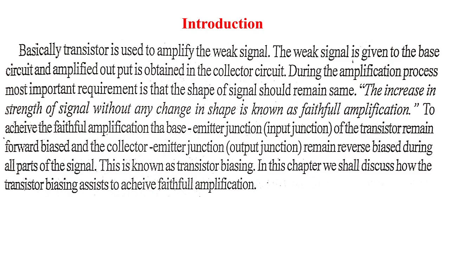In order to use a BJT, bipolar junction transistor, as an amplifier, it is essential that only the magnitude of the signal should increase and there should be no change in signal shape. In order to achieve this, the input circuit, that is the base emitter junction, remains forward biased and the output circuit, that is the collector base junction, always remains reverse biased.